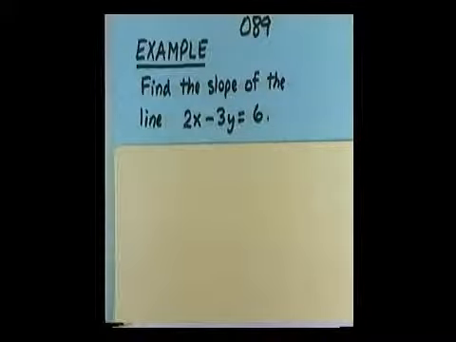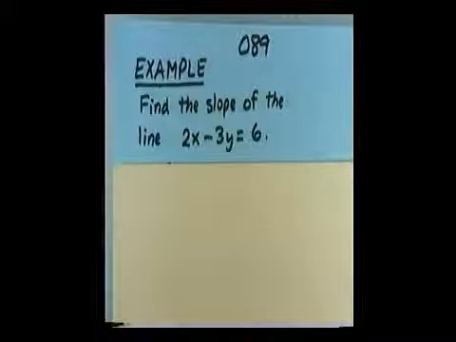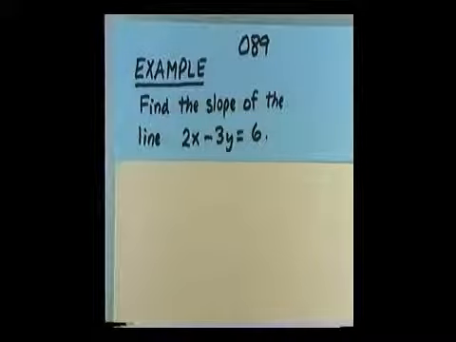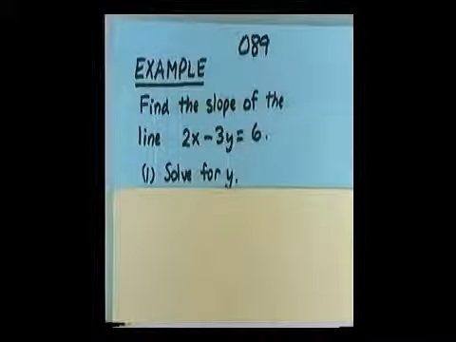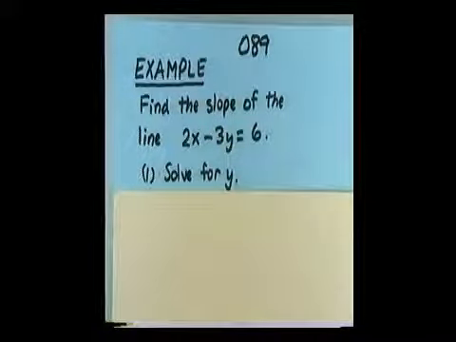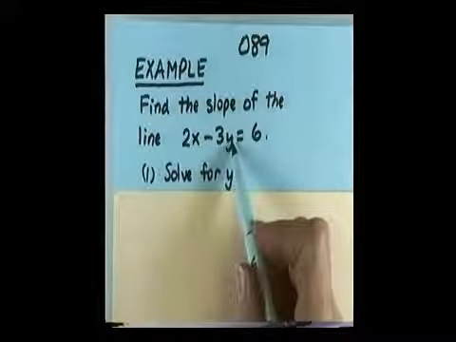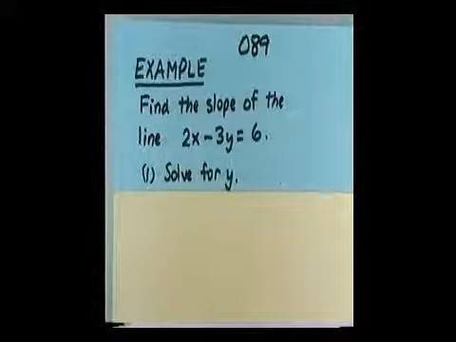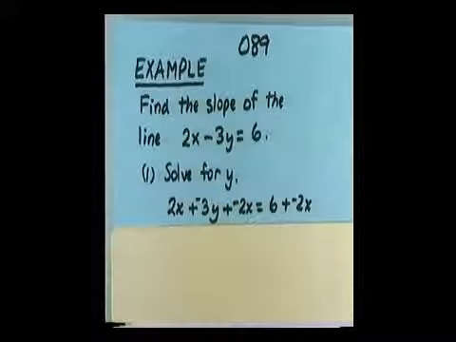Find the slope of the line 2x subtract 3y equals 6. The first step is solve for y. So let's do that. To get y by itself, we must remove the 2x. To remove 2x, we'll add negative 2x.